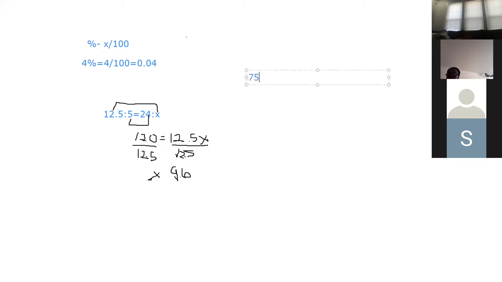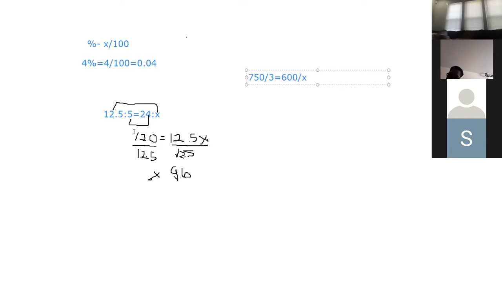750 over 3. That's the same as 750 dot dot 3, okay? And that's going to equal 600x. This time you're going to go across.